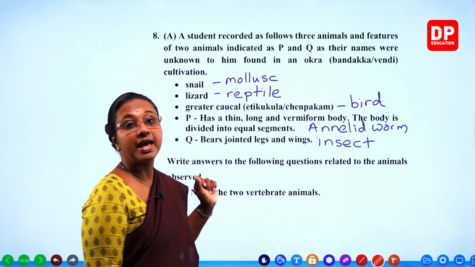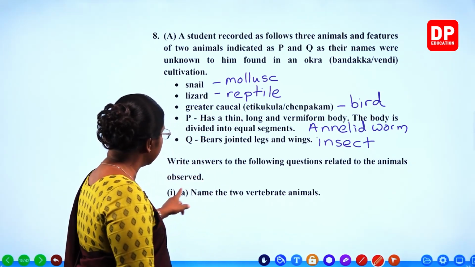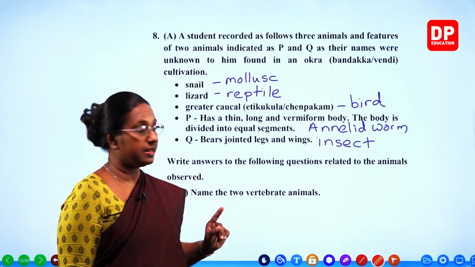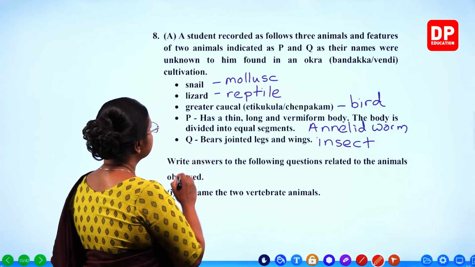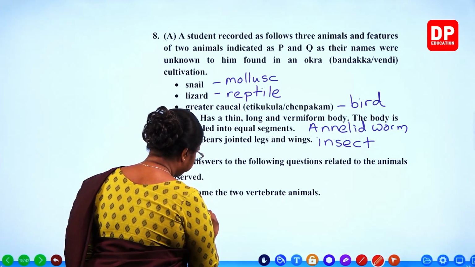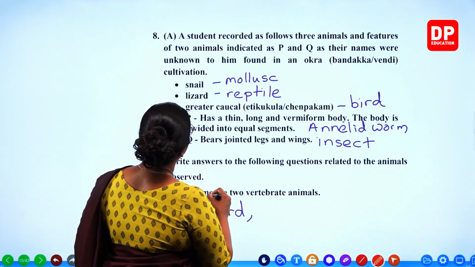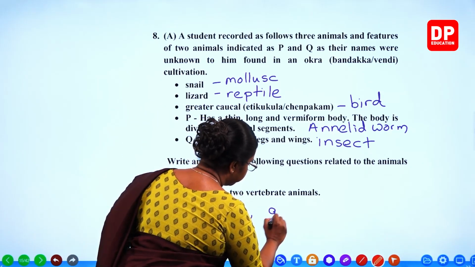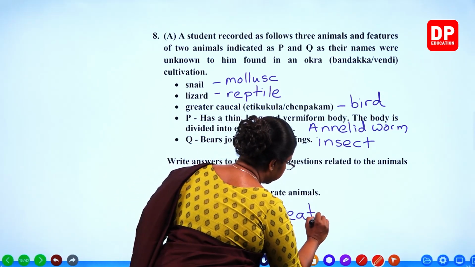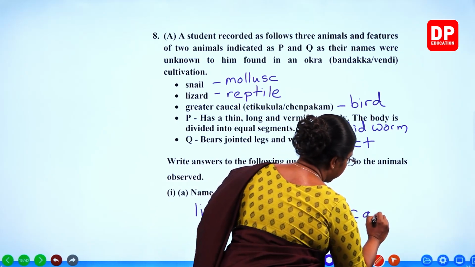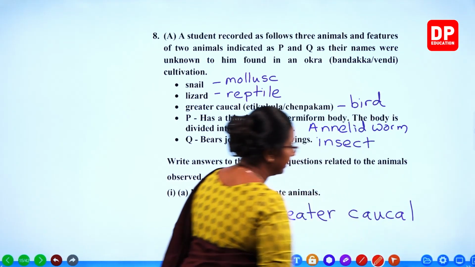Both of them are vertebrates. So here, name the 2 vertebrate animals. What are they? It is the lizard, and we have the greater cockle. Is that clear, students?